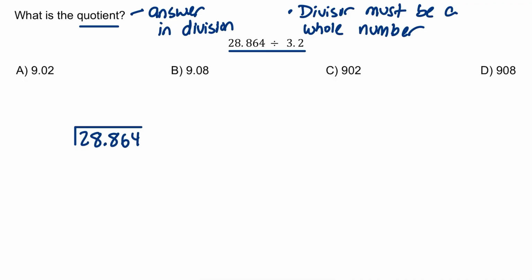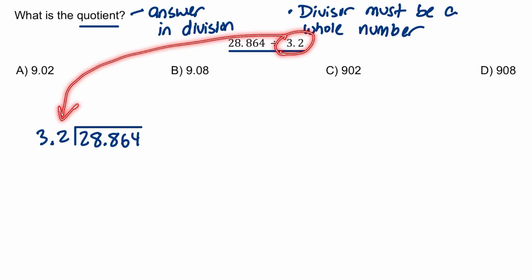I'm writing exactly what they have. And then the divisor goes outside of the long division notation, so I'll write 3.2 outside. Okay, so again, we just rewrote it in long division notation. The dividend is the first number, so it goes inside. The divisor is the second number here, so it goes outside.